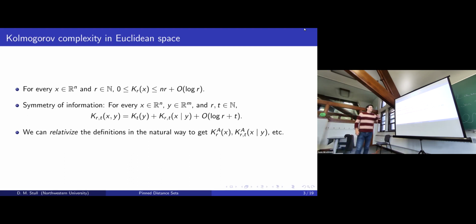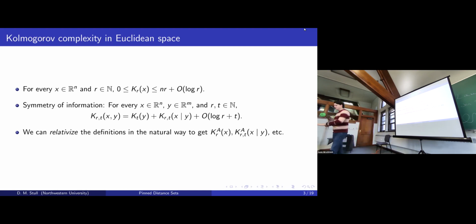The second property that is used essentially in every proof at some point or another is the symmetry of information. If you have 2 points, x and y, they don't have to necessarily live in the same space. But with 2 precision parameters, r and t, the complexity of the pair, (x, y), is equal to the complexity of y at precision t plus the complexity of x given y at precision r.